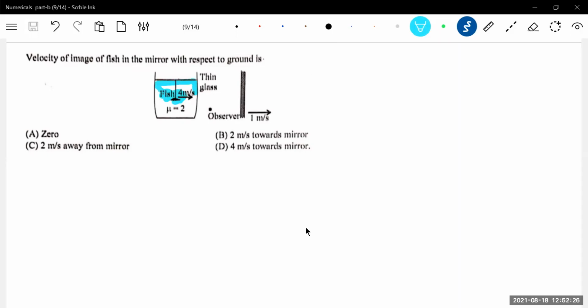Here we have a liquid, and there's a mirror. There's an observer, so the fish will not see his own image. This observer is going to see the velocity of the image of the fish.